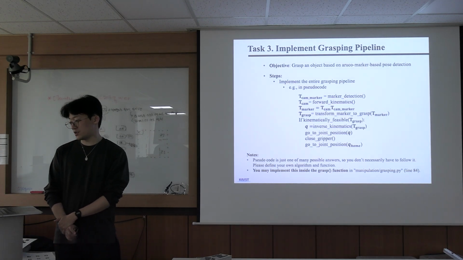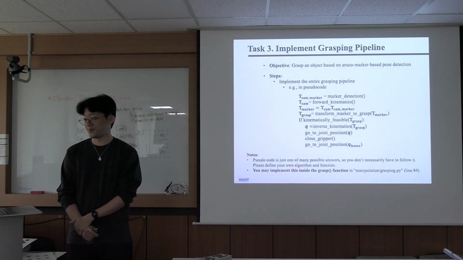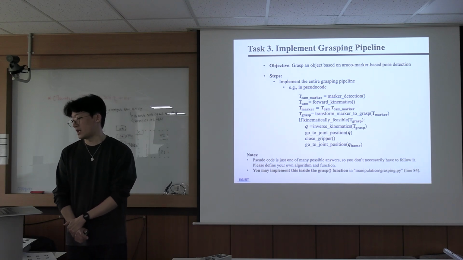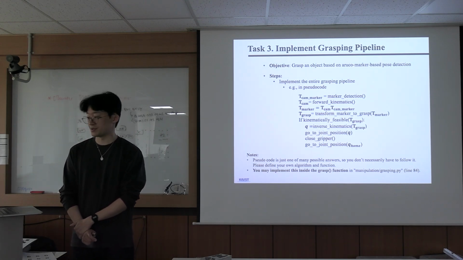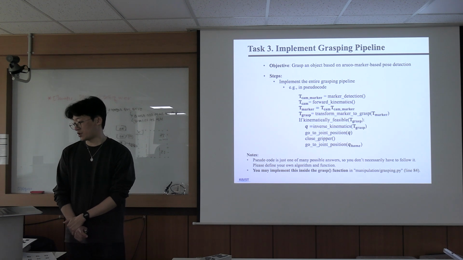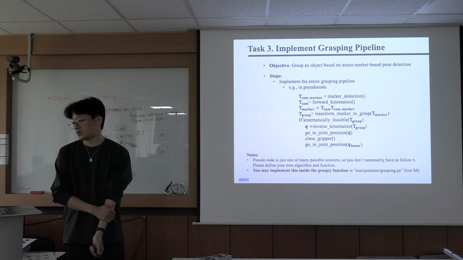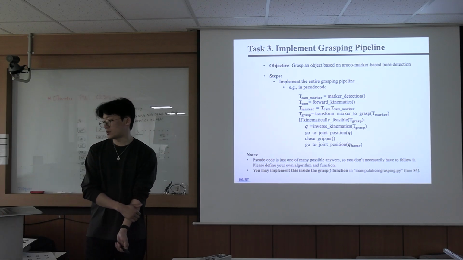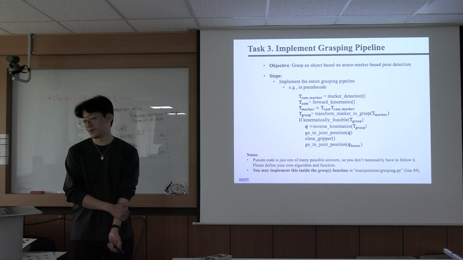The third step is to build the grasping pipeline. First, use OpenCV to detect the marker and get the camera's extrinsic parameters. Then, change the marker pose to the grasping pose in the world frame. After that, use inverse kinematics to find the robot's joint positions. And finally, move the robot to that position and close the gripper.